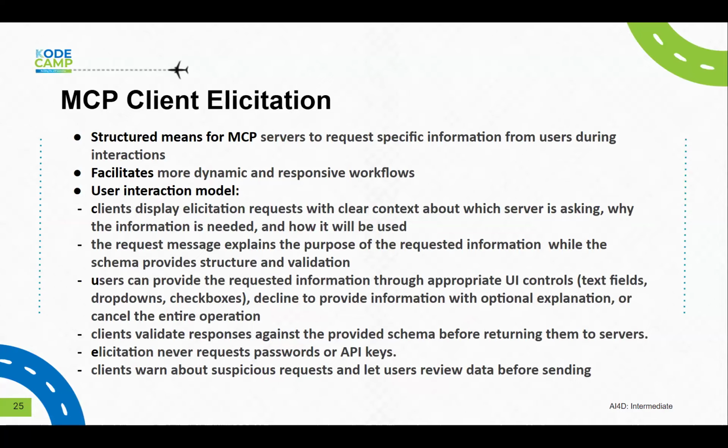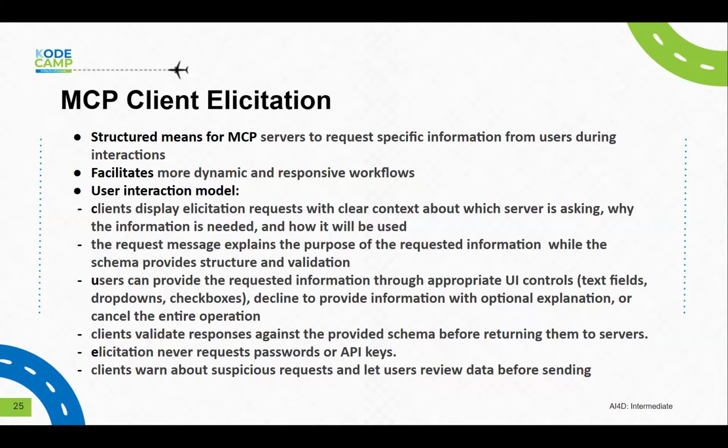So if the client tries to call an MCP server or tries to access a resource, and the server discovers that there is some additional information that it needs from the client which wasn't provided in the original request, the server can contact the client to request that information from the user, obviously. And that is what elicitation is used for.